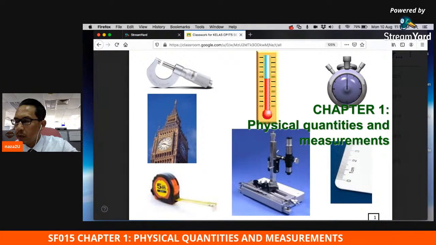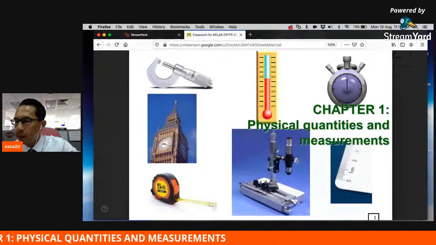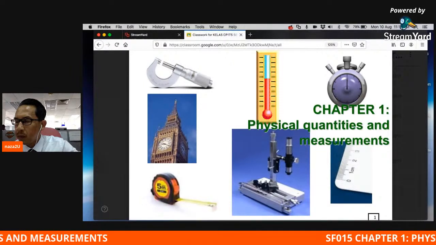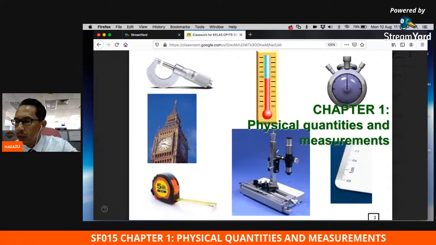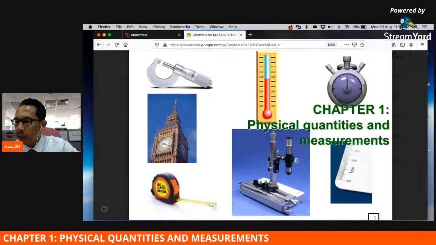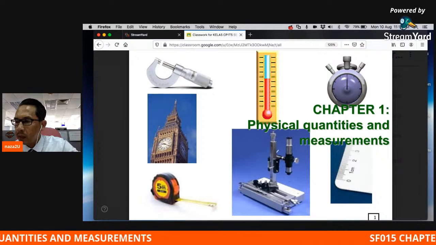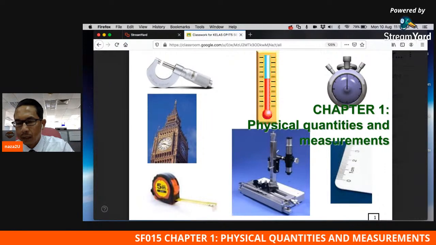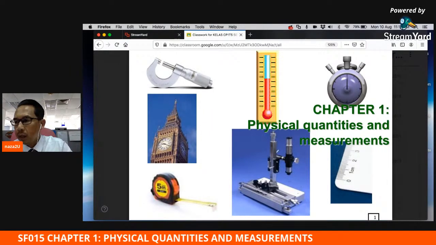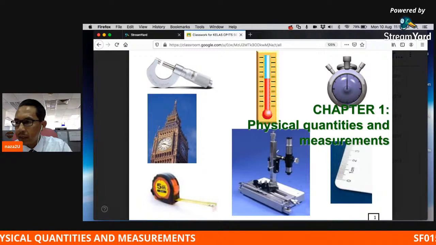Kalau yang sudah ada tu mungkin boleh kongsi, because ada beberapa orang pelajar saya sudah bagi lecture note. Tapi tidak apa, kalaupun tiada, because yang first class ini kita just go through saja. Nanti lepas ni dekat group tu saya akan bagi lecture note yang saya pakai sekarang ni ya.